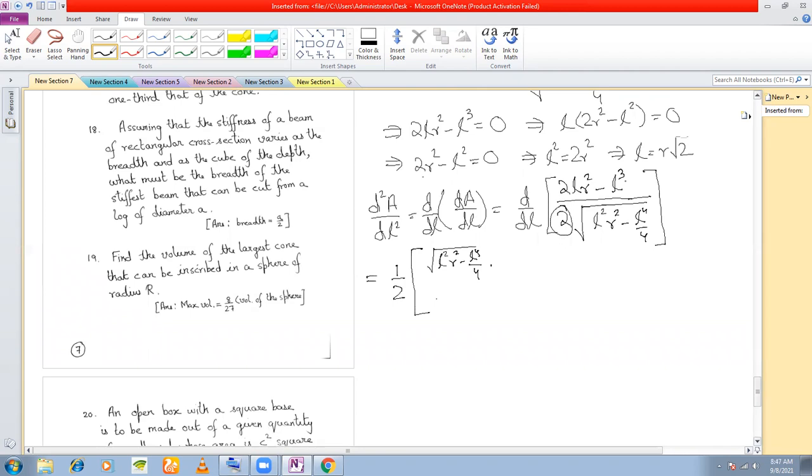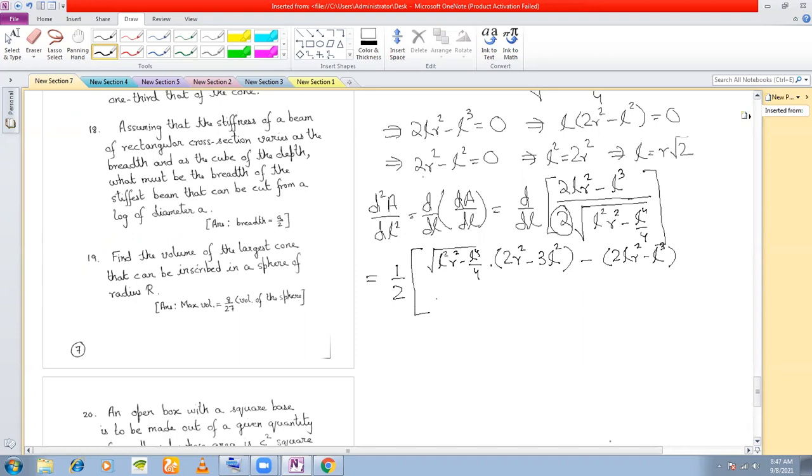This is v and this is u. So du/dL, how much should it be? 2R square minus 3L square, right? Minus. And now the numerator, you keep as it is, 2L R square minus L cube, and differentiate the denominator.